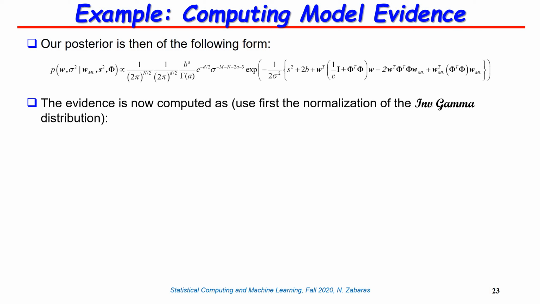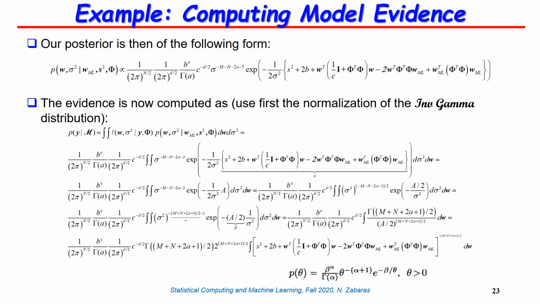What I will need to use in the rest of this example is the normalized form that you see on the top. But you can maybe do the algebra and produce what exactly the form is for this joint posterior. So what I want to do is produce the evidence. The evidence will require the marginalization of this likelihood times the prior.